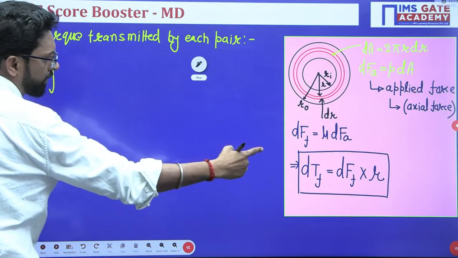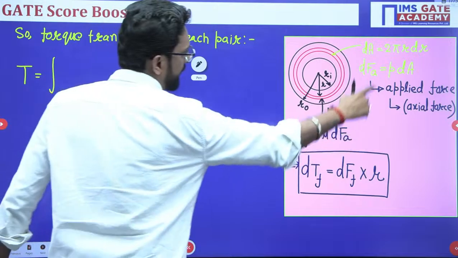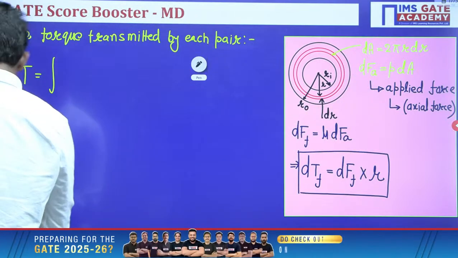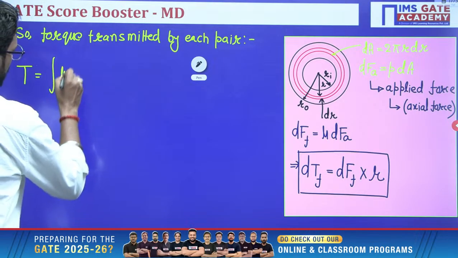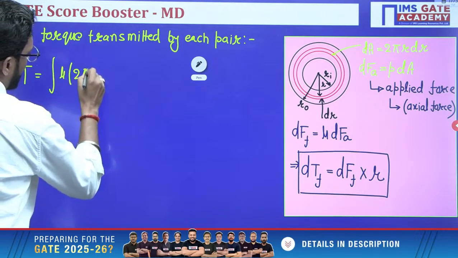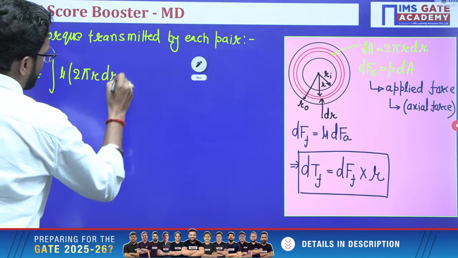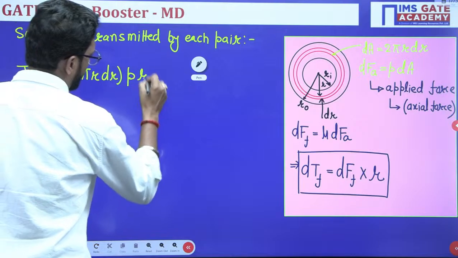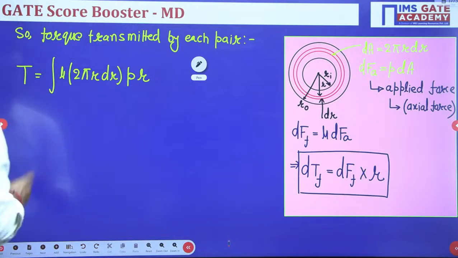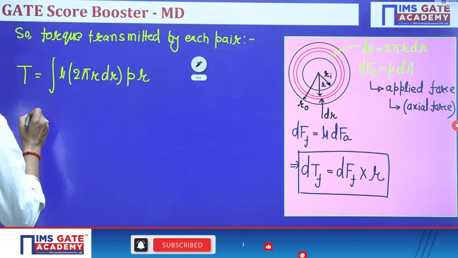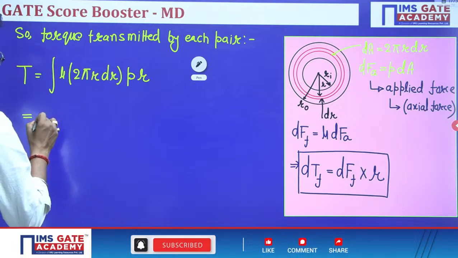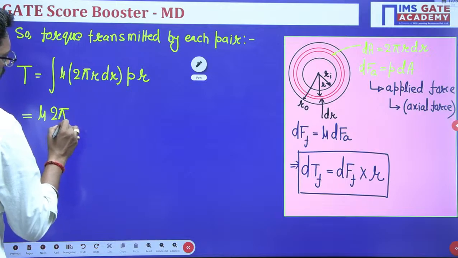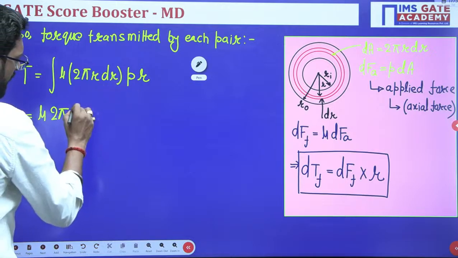Now, dF is mu into dA, dA into P, and dA is 2 pi r dr. So, mu, 2 pi r dr into P into r. Yes or not? Now we have to take mu common, 2 pi common, P into r common.